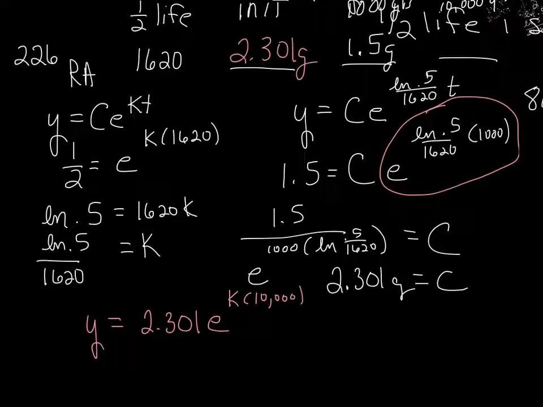Now, if you'd already stored k in your calculator, it would make this a little bit easier. Just plug that right into your calculator. Second answer times e to the 10,000 times the natural log of 0.5, divided by 1620.